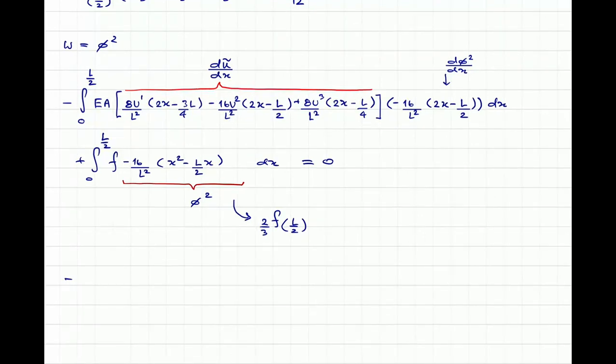Minus EA. I take out the 8 multiplied by minus 16. Okay, 8 multiplied by minus 16 over L to the 4th.